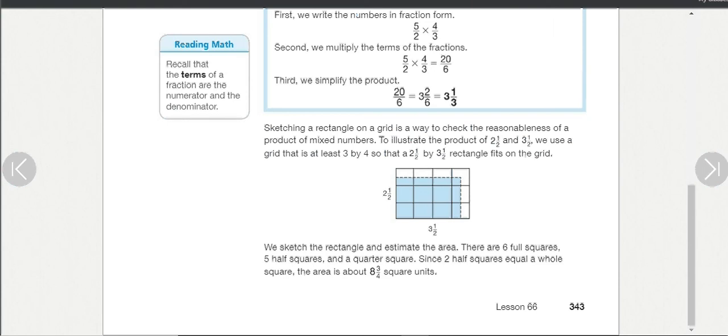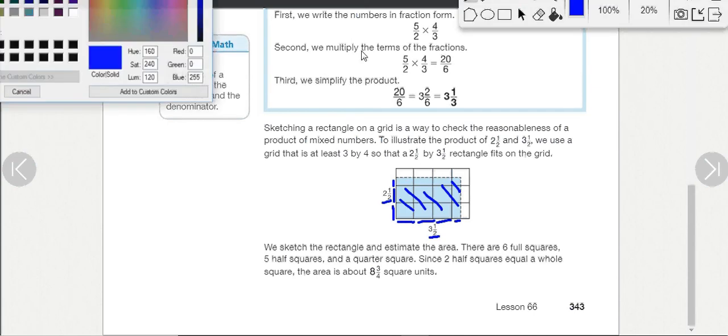We shade 2.5 on one side, and shade 3.5 on the other, and then shade all that in, and it shows that if you add all this up, you get, I should change colors quickly.